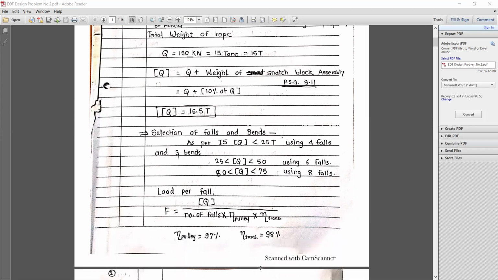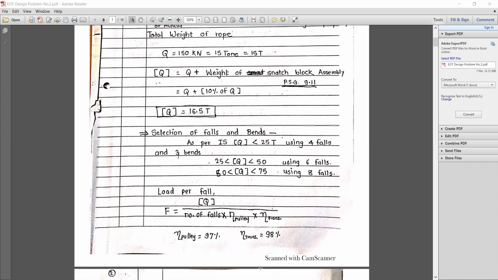Now next one, selecting the number of falls of the pulley system, that is the number of falls and bend system. As per the Indian IS, if the load is less than 25 ton, we can use 4 fall 3 bend system. If the load is between 25 to 50, we can go for 6 falls.